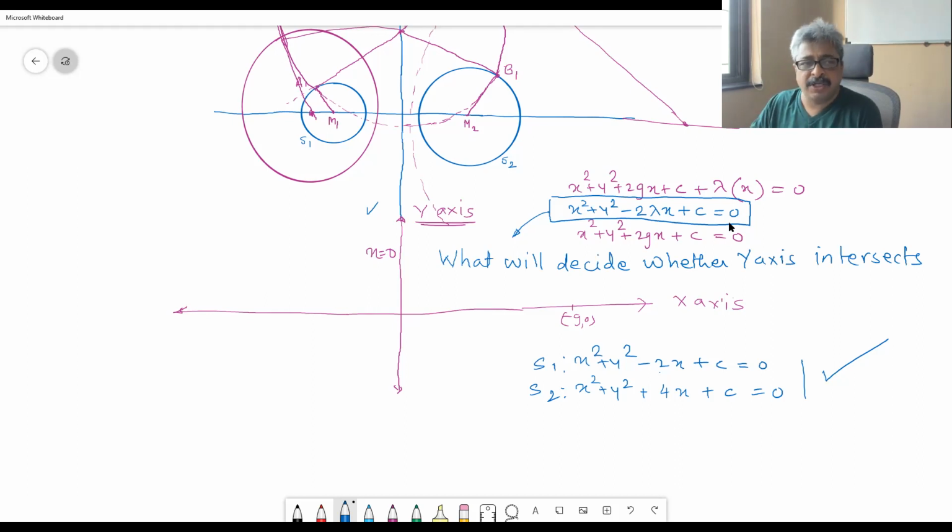Intersect means you can find out the intersection. What will decide? Tell me, what will decide?